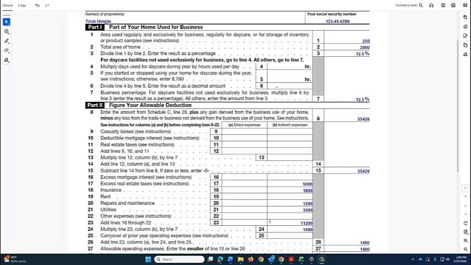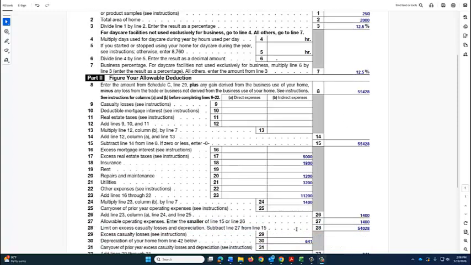So we're going to multiply this total by the amount on line 7. So line 7 is the percentage use of our home. So if she had total expenses of $11,200 and we multiply that times 12.5%, we're going to get $1,400 as our deduction for these home expenses. This is the portion that's going toward the business use.